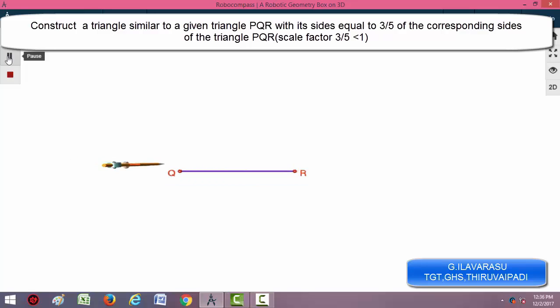Now take any measurement and draw an arc by keeping Q as center, and then R as center, draw an arc of any radius. Now the intersection point of these arcs, name it as P, then we get the triangle PQR, which is the given triangle. Of our own measures, we have drawn this.